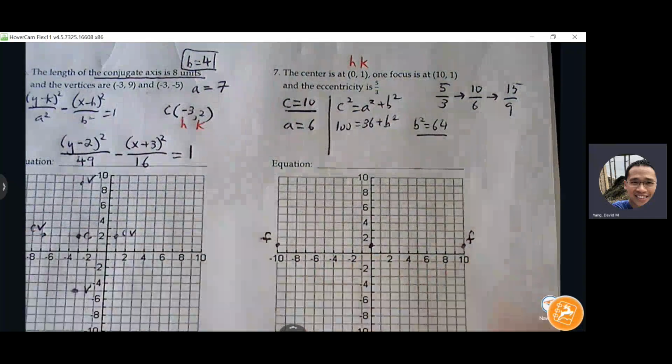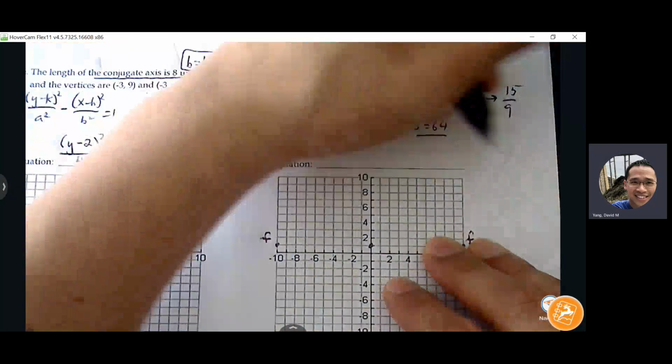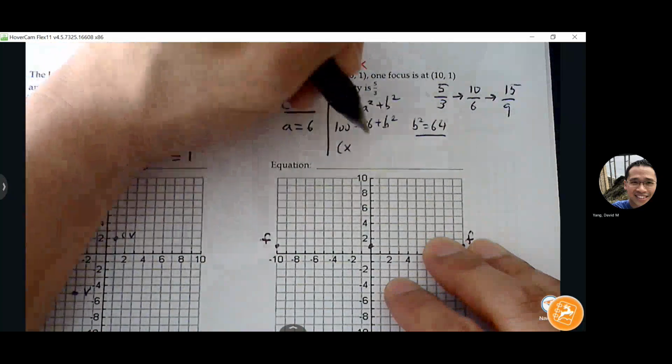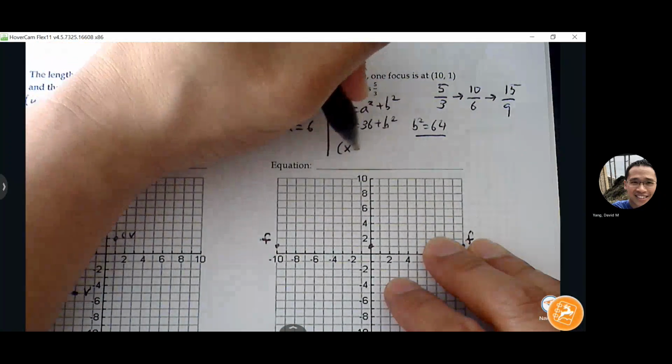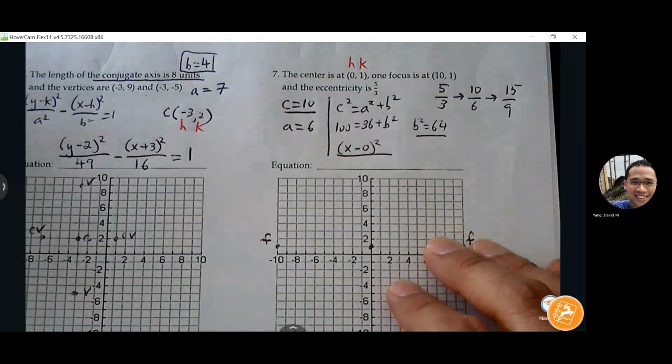And we know this is a horizontal transverse axis because the focus is going to be on the same plane as the vertex. So we know the x is going to be the one coming first. You can drop the 0 if you wanted to.